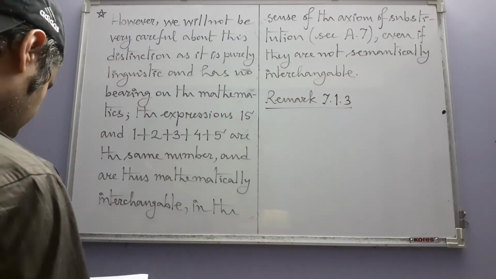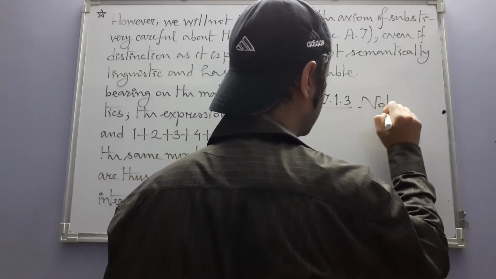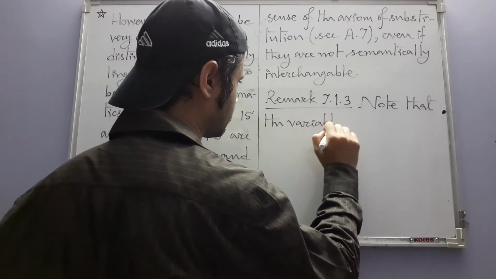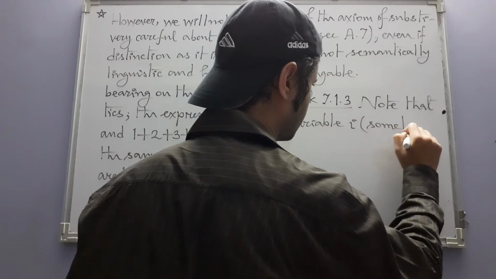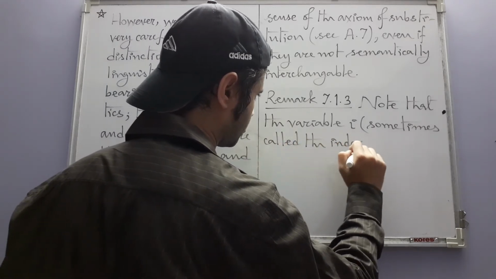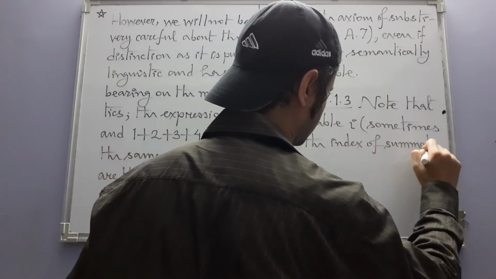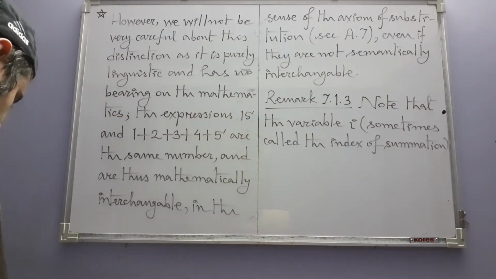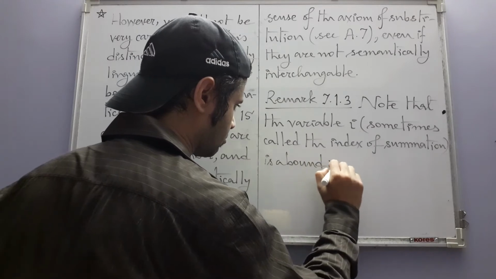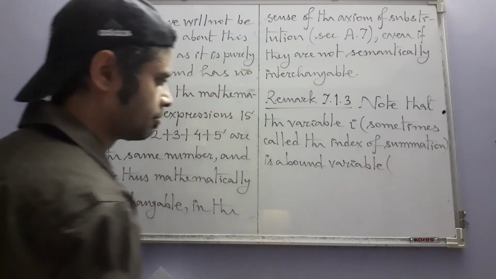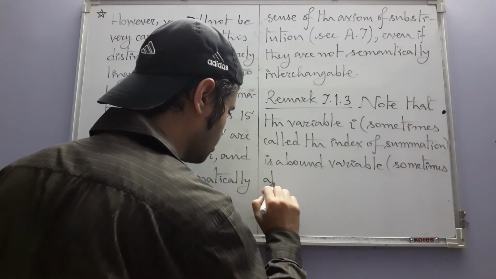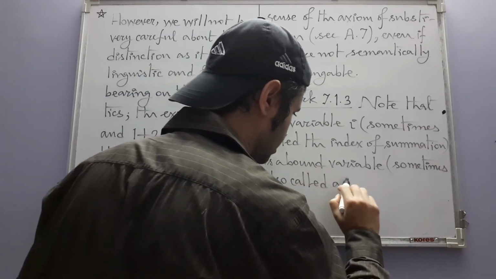Note that the variable i, sometimes called the index of summation, is a bound variable, sometimes also called a dummy variable.